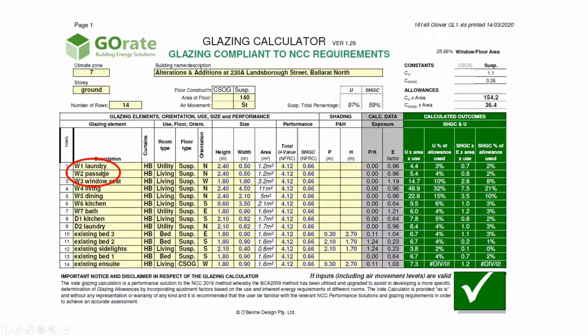Here's our window number and room name. The different weight being utility area, living area or bedroom, based on the room type. And lastly, there's the window size, height by width.